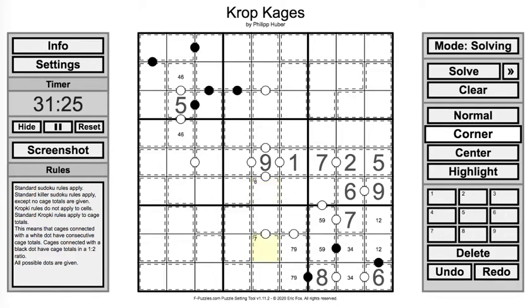This way, with the 8 cage and the 7 cage. Now we can do some pencil marking in these 4 cells, which should be 1, 3, 4, and 8, and we can take out the 8 from here and the 3, 4 from here, and the 1 from here actually.